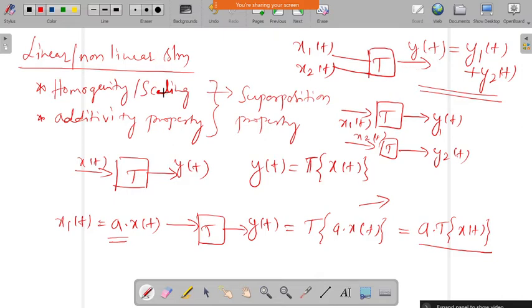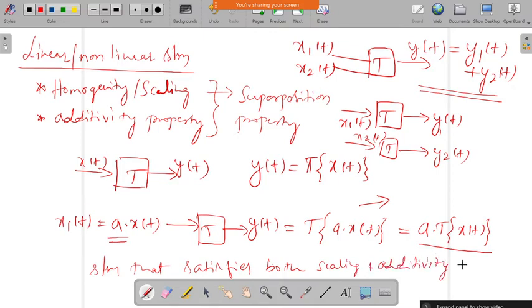Now the system that satisfies both of these properties, scaling or homogeneity and additivity, is said to be linear.